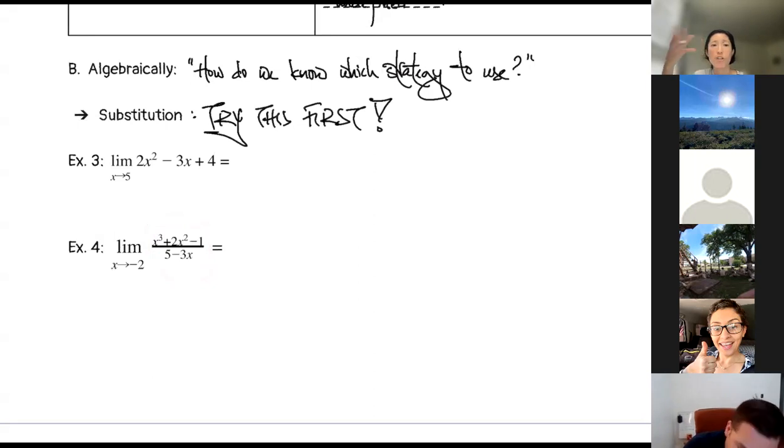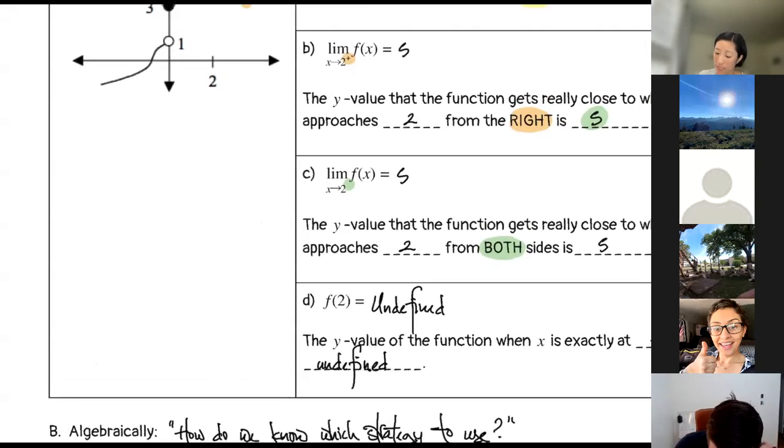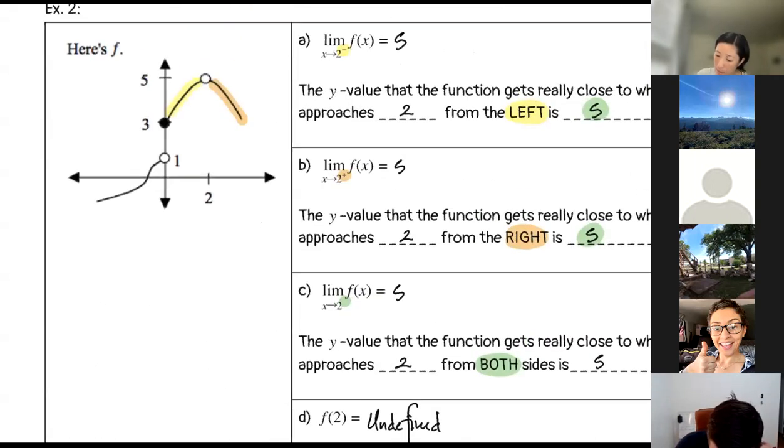I mean, just plug in the number and see what happens, okay? If you plug in a number and you get a number out, what that means is that that point is like somewhere on your graph, okay? So if I plugged in x equals 1 in our previous example, what would you expect the limit to be?